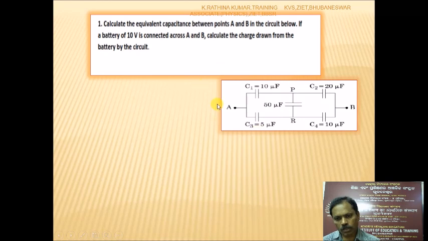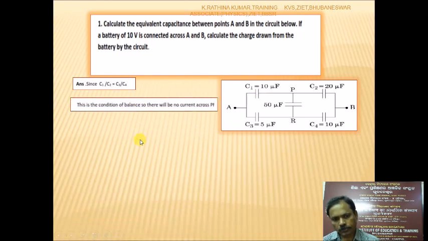If you take this one, these two will be in series. Since C1 by C2 is equal to C3 by C4, this is the condition for balance, so there will be no current across PR.